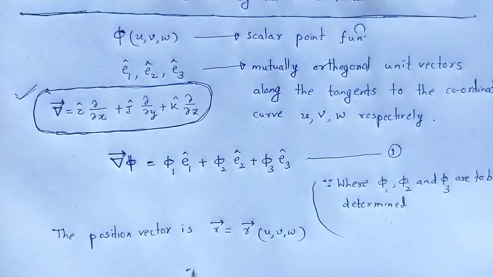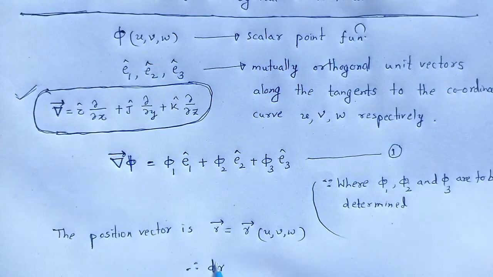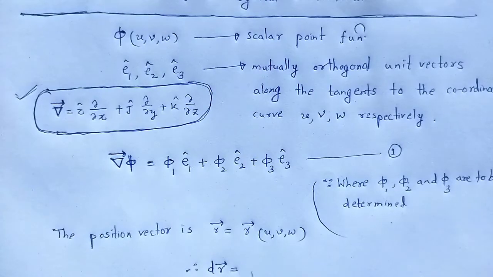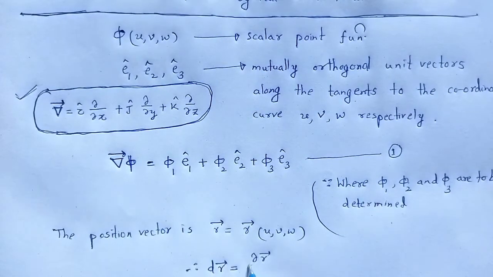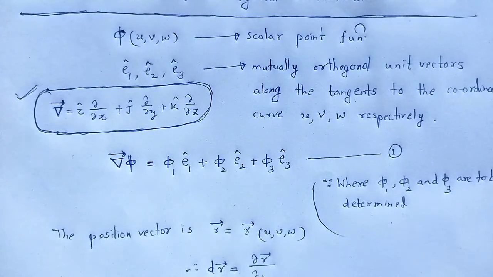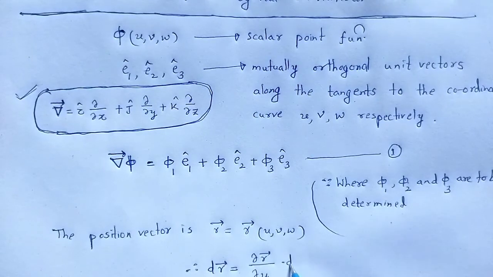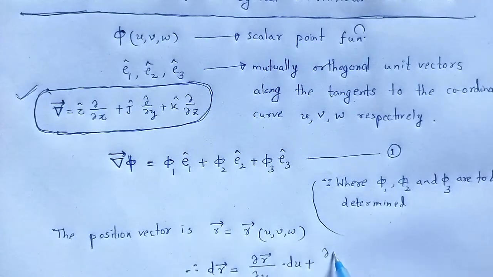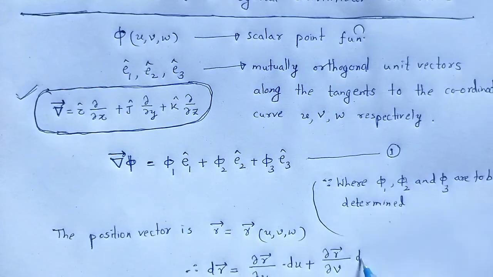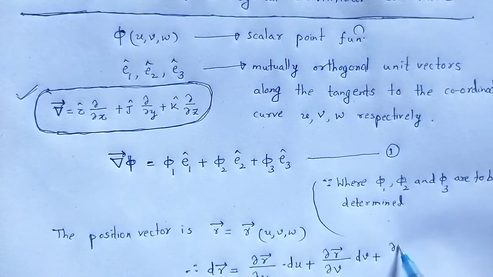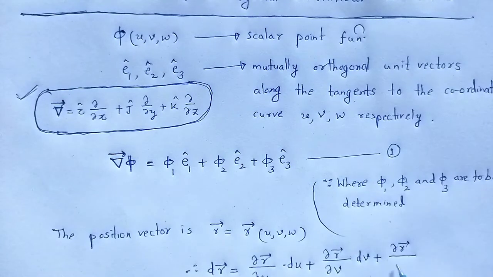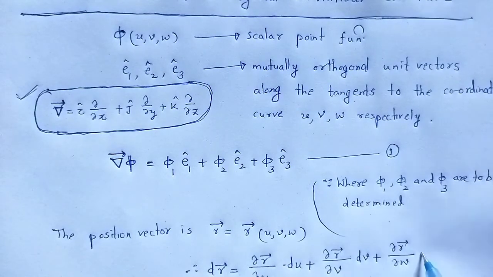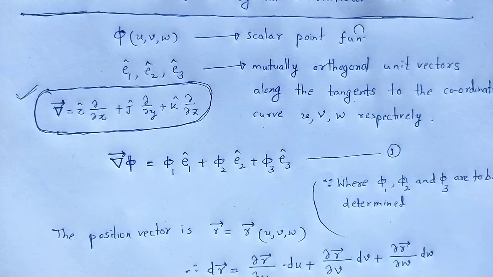Therefore, d of r is del r by del u du plus del r by del v dv plus del r by del w dw.